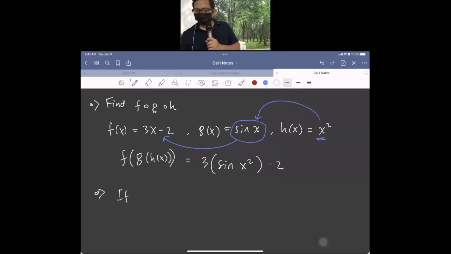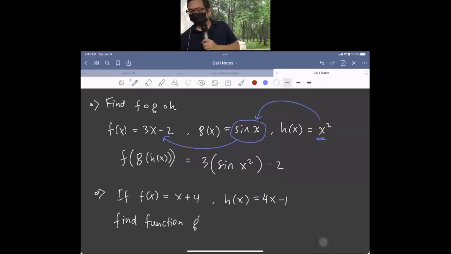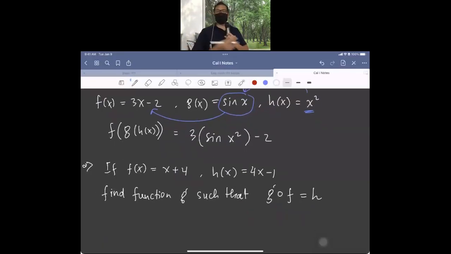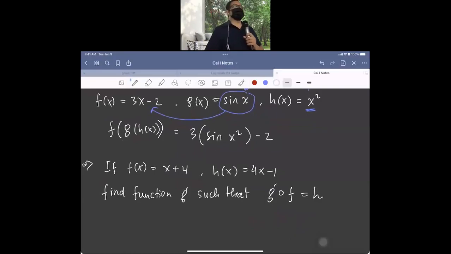Like if f of x is x plus 4, h of x is 4x minus 1, find function g such that g of f is equal to h. Now there's something that you need to do some trial, at least some trial. Okay?